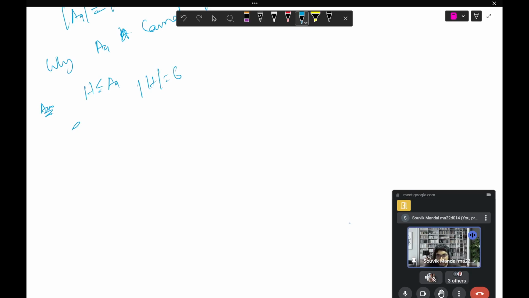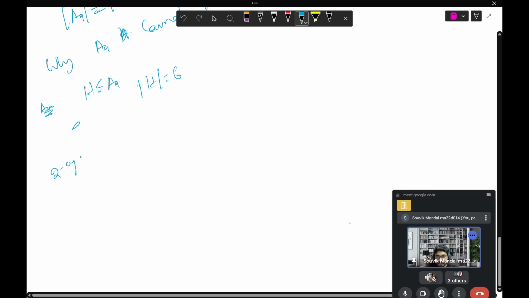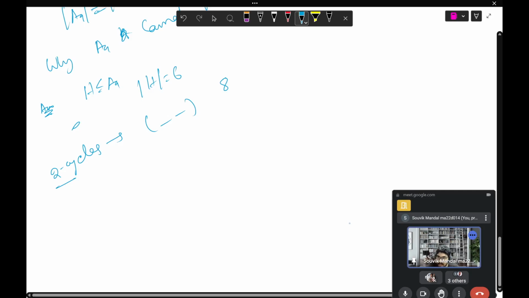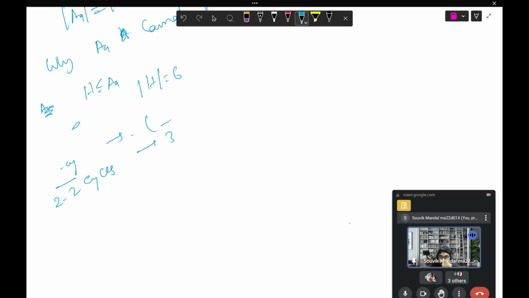First tell me how many 2-cycles are there in A4. Sorry, it's not 2-cycles, since a 2-cycle is a transposition. How many double transpositions are there in A4? So this is 3. Okay, so three are there.